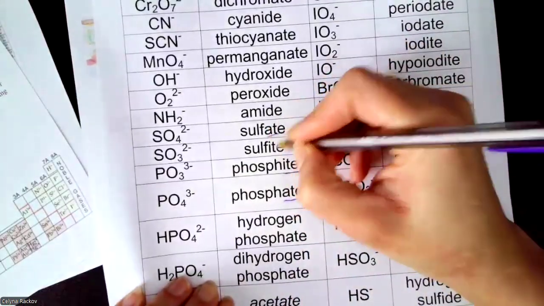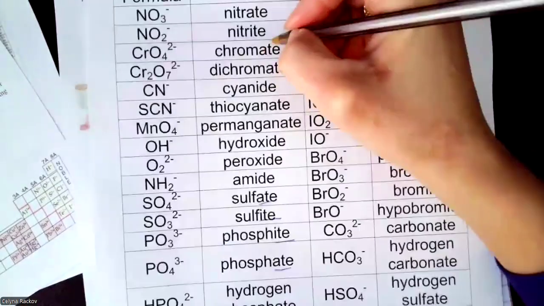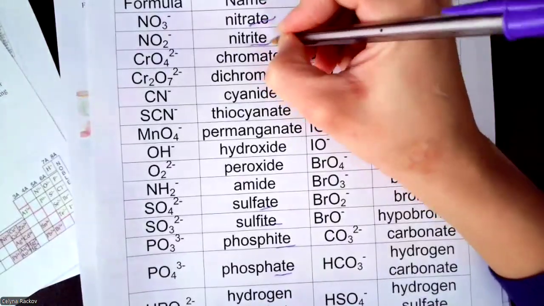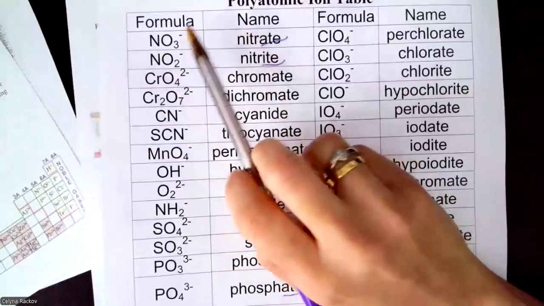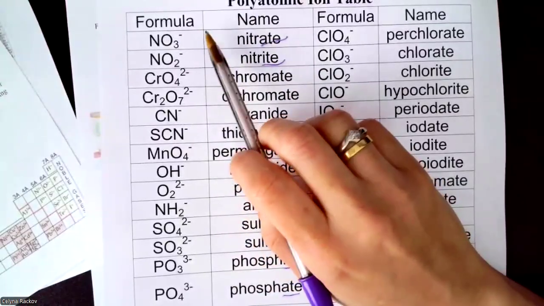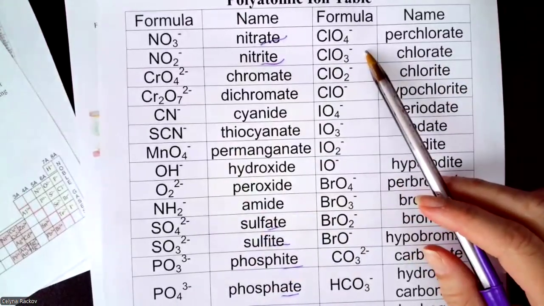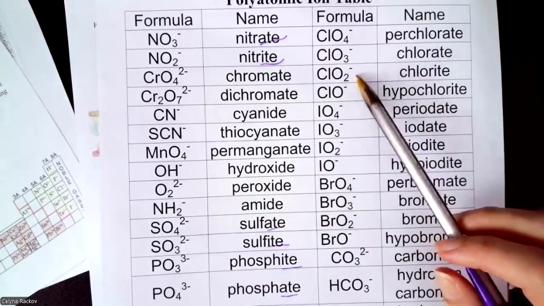So nitrate, 3 oxygens, nitrite, 2 oxygens. So we need to learn the names of the -ates. If you know the -ates, like nitrate, sulfate, phosphate, chlorate, you know what will be the formula for the -ites.